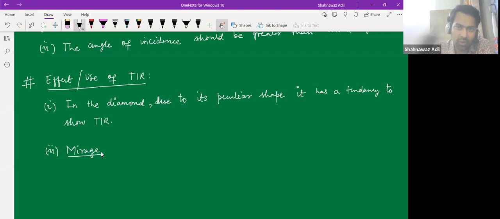So there is this difference of refractive index, due to which the TIR effect happens, right?